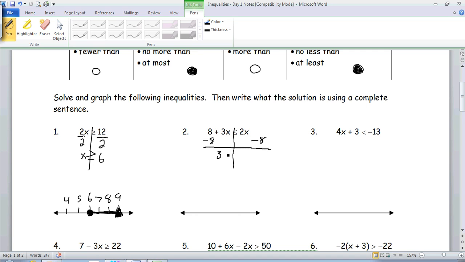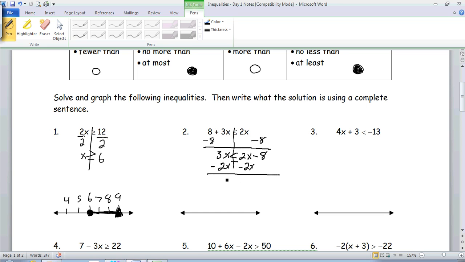And then I have 3x is less than or equal to 2x minus 8. Now I need to move my 2x. I should have done that first actually. So since it's positive, I'm going to subtract it. There's no harm, no foul right here.